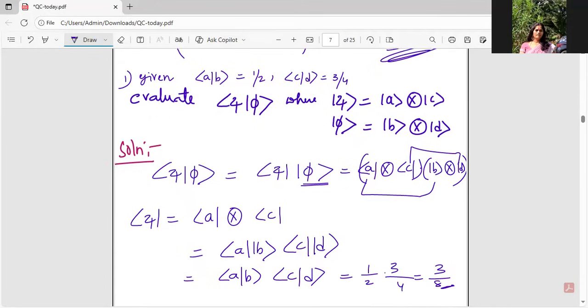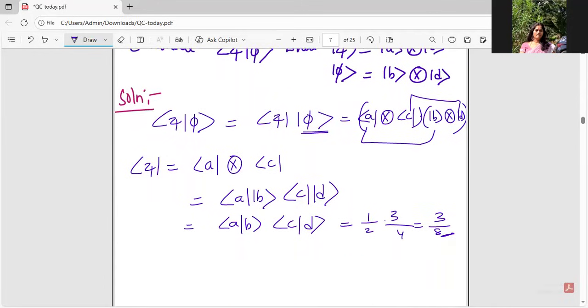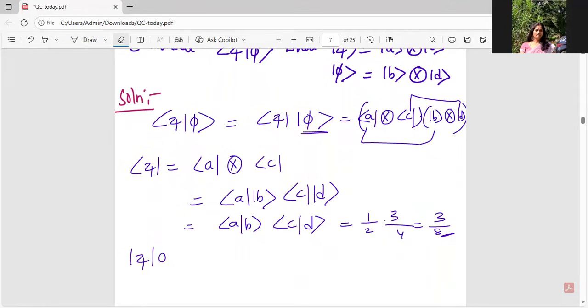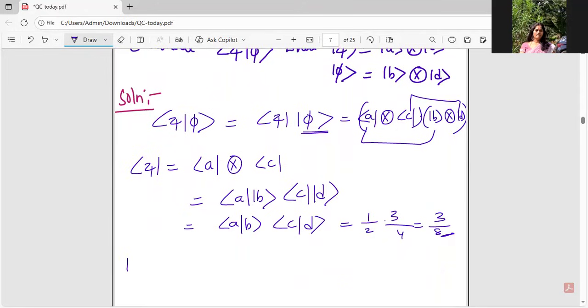Now, in this very same question, if you are being asked whether you can find the outer product, I leave it for you to check whether you can find the outer product of it. How do I write outer product? This is how I will write outer product. Can you find outer product is the question.